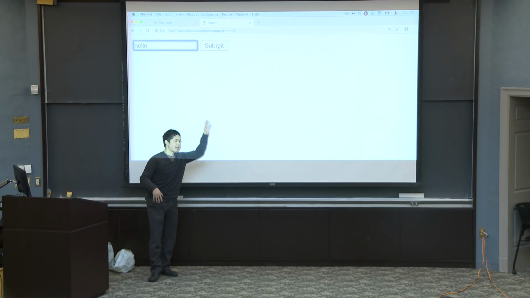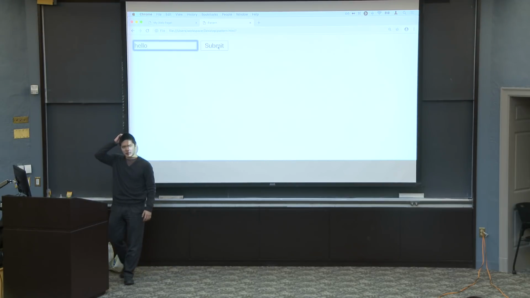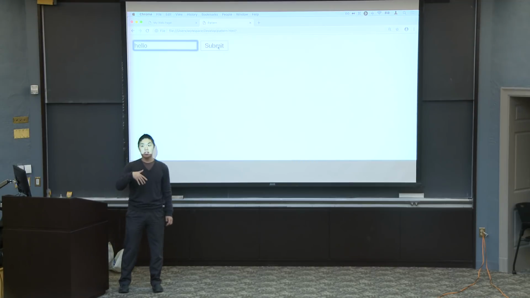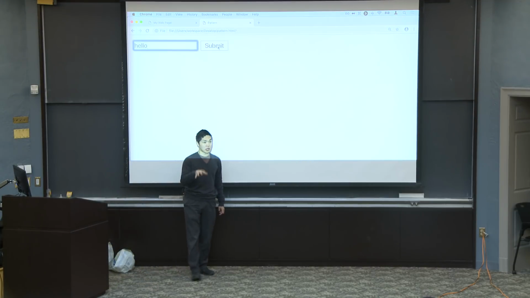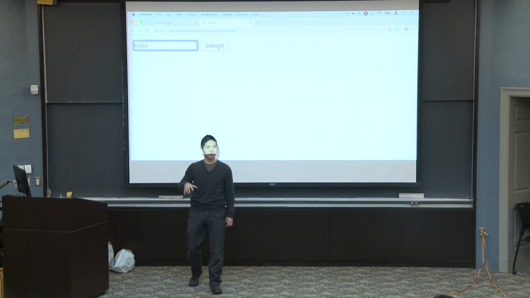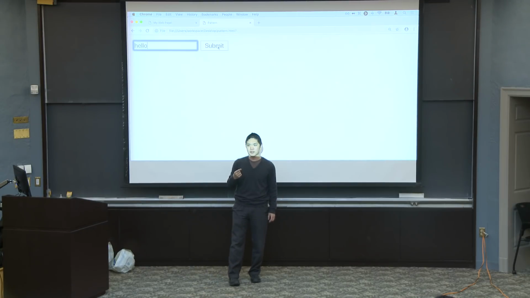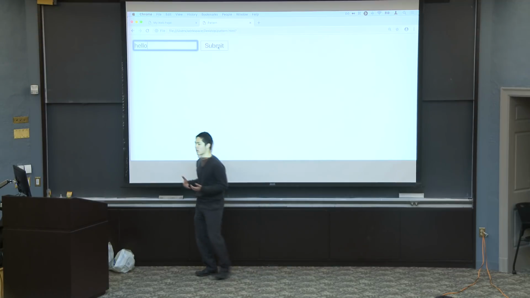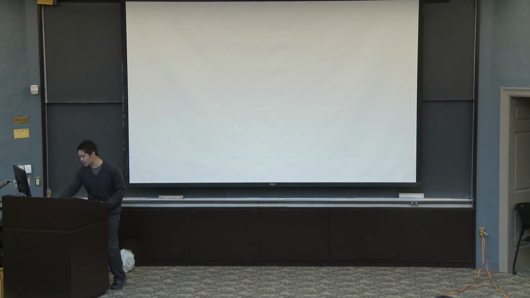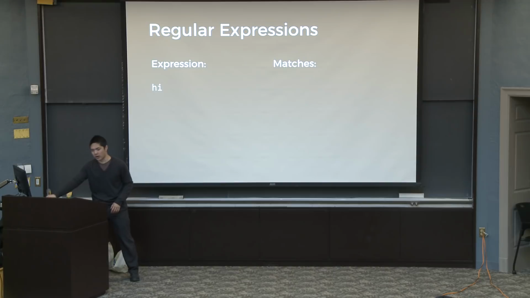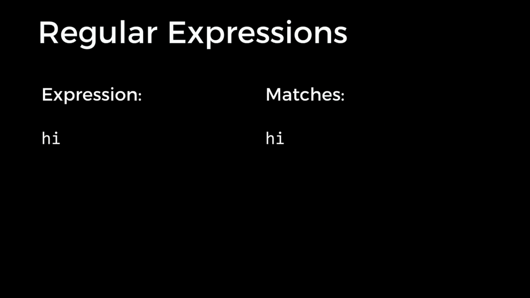And there are ways you can customize this error message to show something a little bit more specific. But what I've done here is without any JavaScript, without any server-side code, just using HTML5 and the features that it provides, I'm able to validate that the input, what I type in, matches a certain pattern, the pattern that I want it to match. And in this case, the pattern that I want it to match is literally just the word hi. And that's the regular expression.